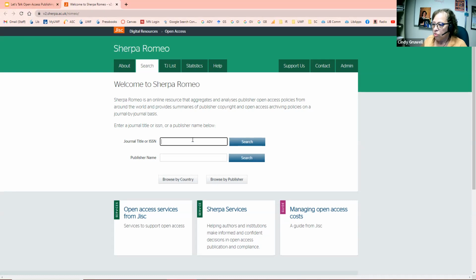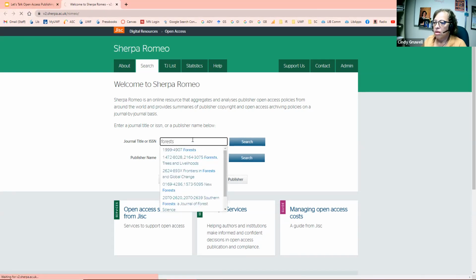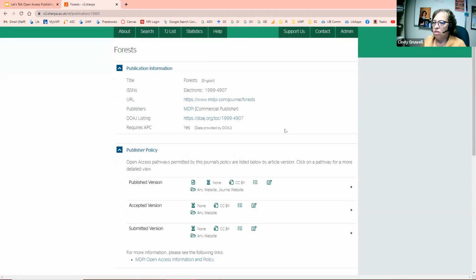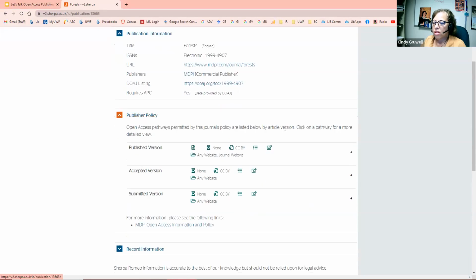So it's pretty straightforward. You can throw a journal title in here and it will bring it up. This is called F1000Research. This particular journal happens to be open access, and you will see here where it gives the information about the publisher policy. Since this is open access, it can go on any website.